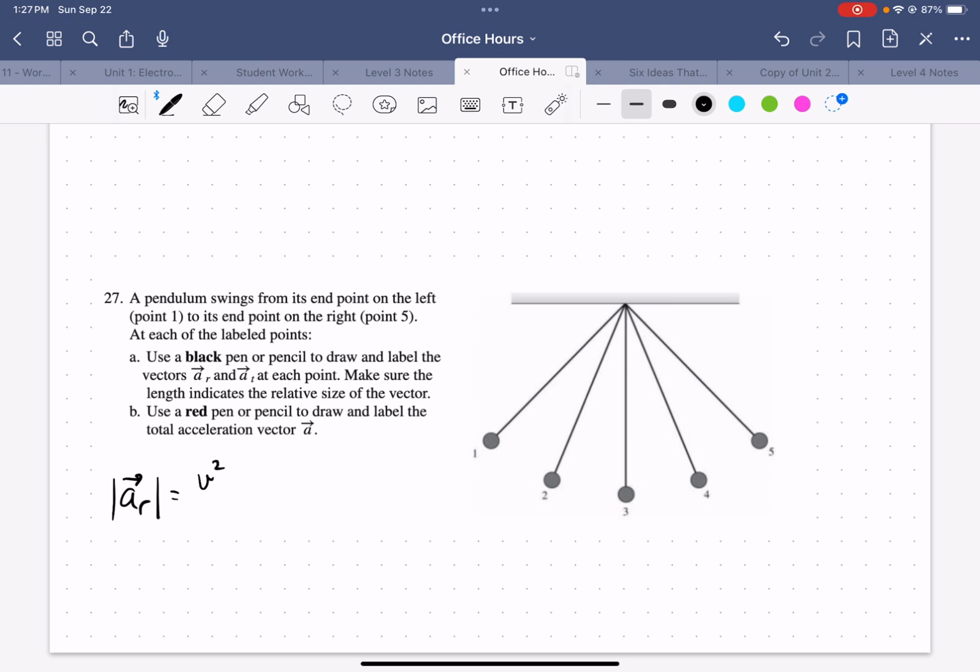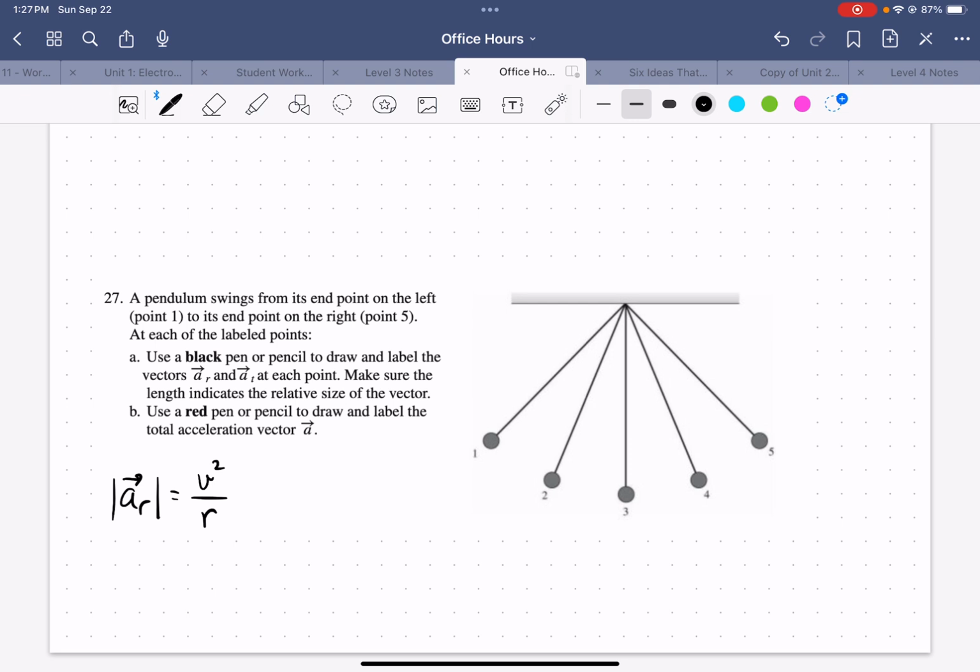In this case, the pendulum is swinging along a circular arc, so r does not change, but v will be changing as it swings. v will be momentarily 0 at points 1 and 5, and it will be a maximum at point 3. So that means the magnitude of the radial acceleration will also be 0 at points 1 and 5, and then it will increase to a maximum at point 3.